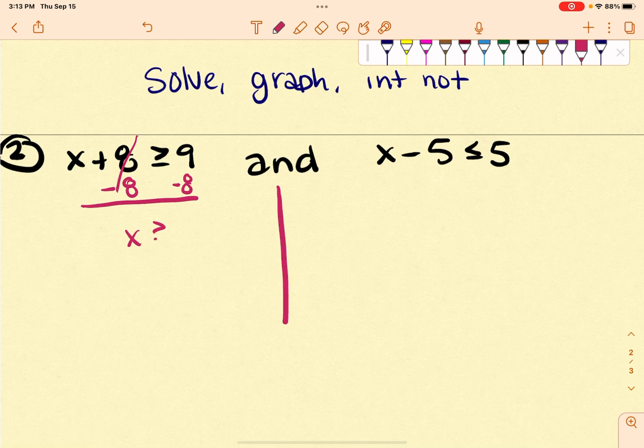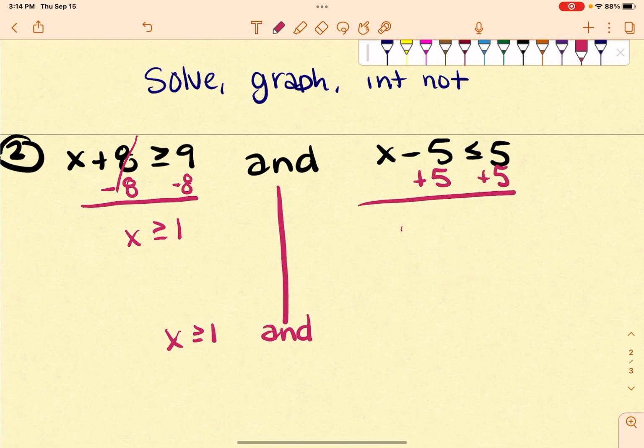So x is greater than or equal to 1. So I'm going to move this down here a little bit. I have my and. And then to do this piece, I'm going to work on getting x by itself again. So I'm going to get rid of subtracting 5. So I'm going to add 5. So that one is x is less than or equal to 10.